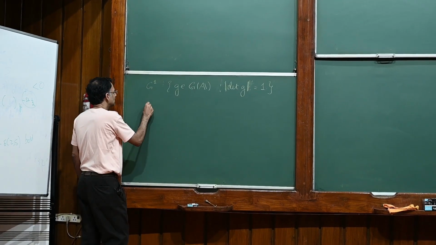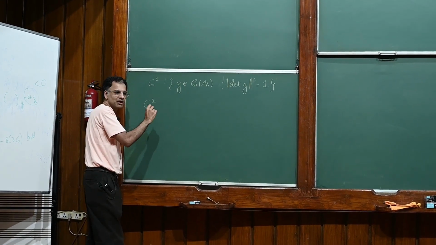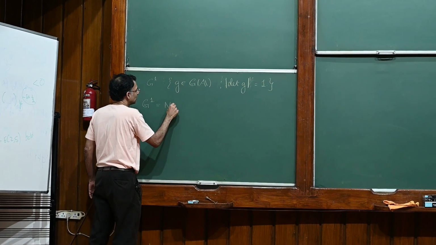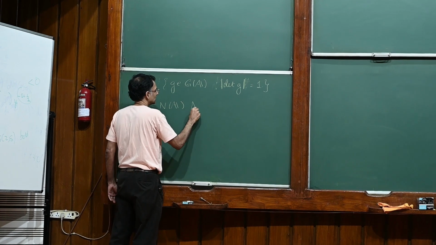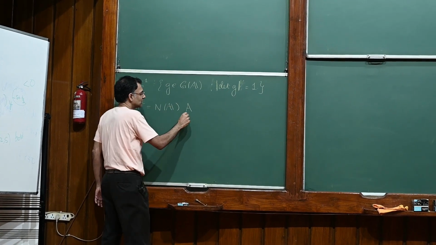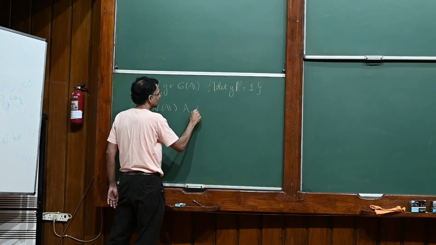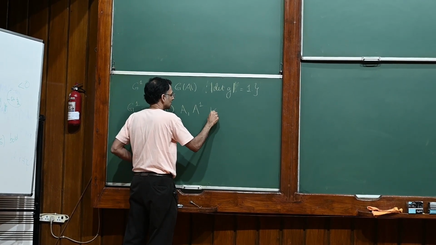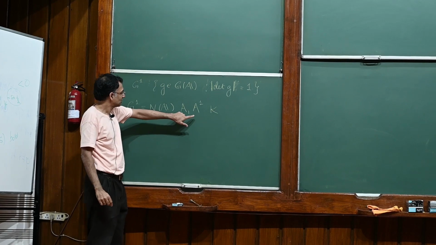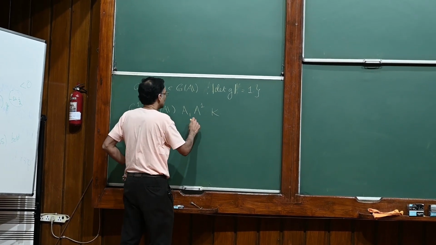And because of the Iwasawa decomposition, we have a decomposition for G1, which is N A times K. There are two groups here, A sub 1 and A superscript 1. And just to clarify, this is all things.